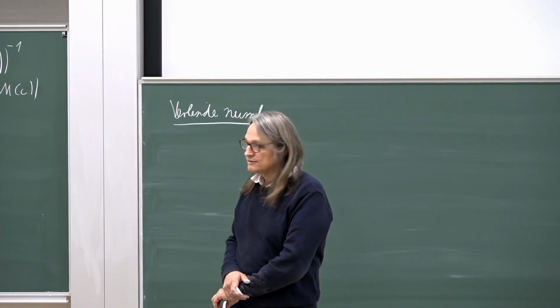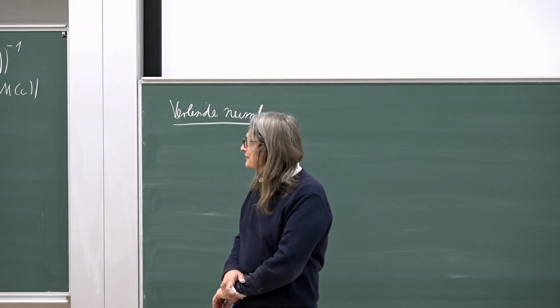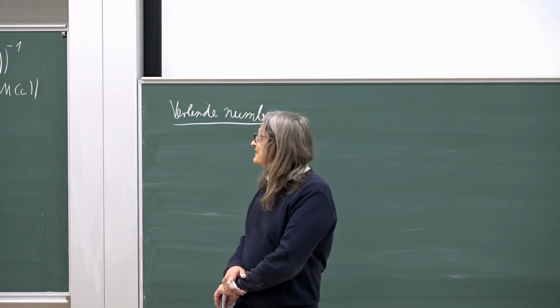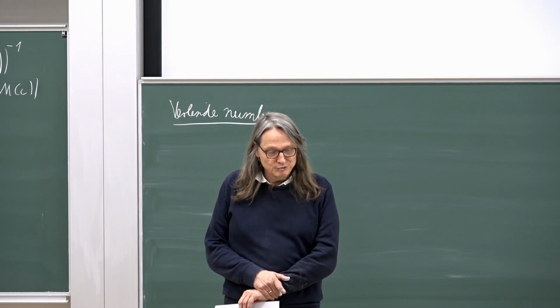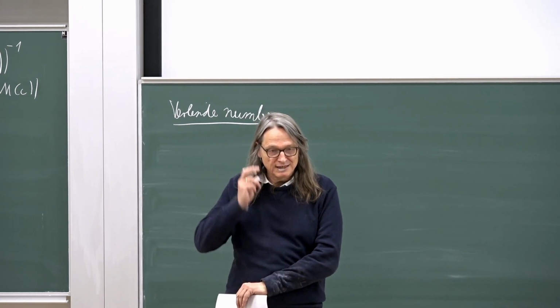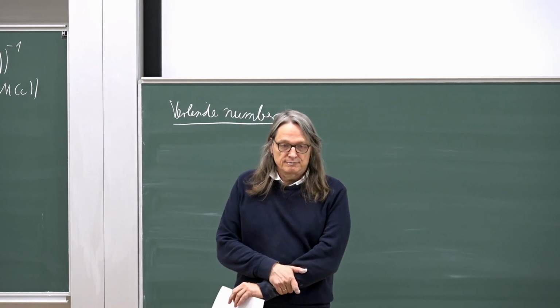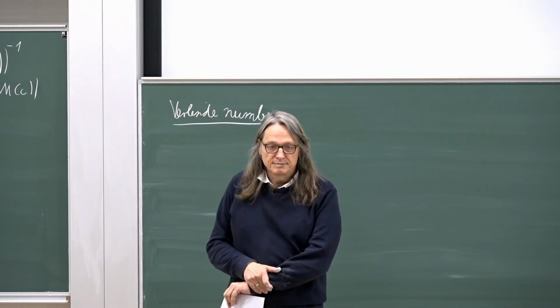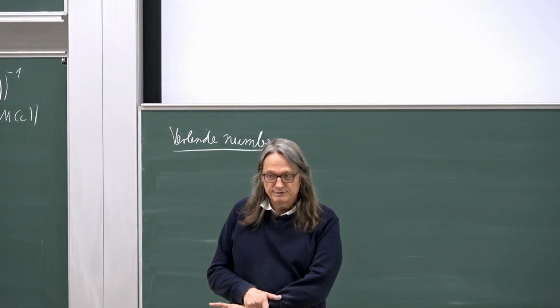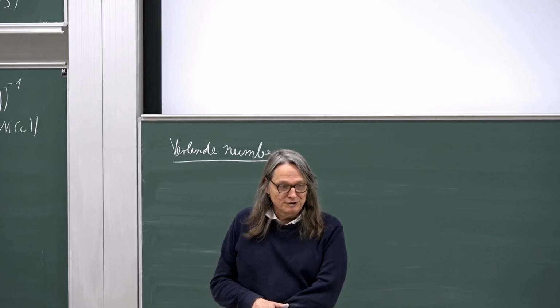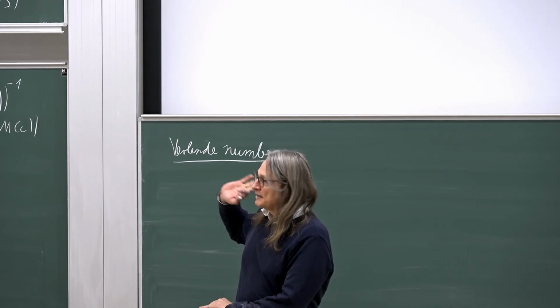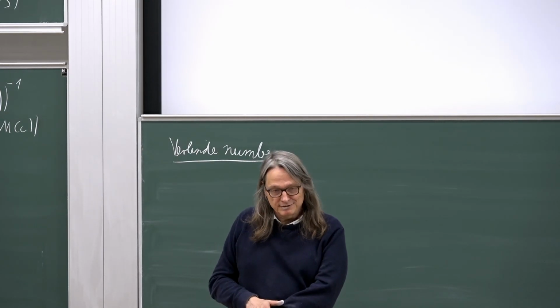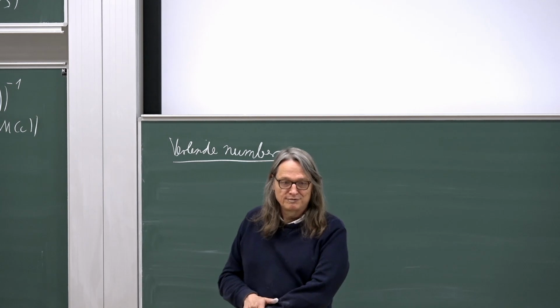Otherwise, what I say is not quite literally true. But as I anyway make a conjecture, I claim that this conjecture will be true also when stable is not equal to semi-stable, and then one has to change the definitions a little bit and use something like Joyce-Song pairs to define what I'm talking about. But it might be reasonable to assume that stable is equal to semi-stable, then there's no problem with that.